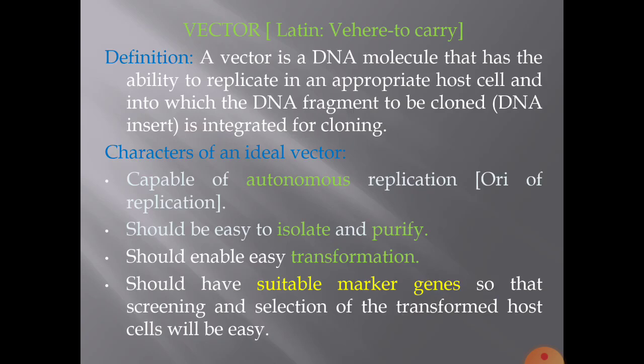This is possible only when they have their own ori, origin of replication. This topic needs a little bit of background of molecular biology, which I hope you have studied in your previous semesters. So the first thing, it should be capable of autonomous replication. That means a vector should have its own ori of replication.